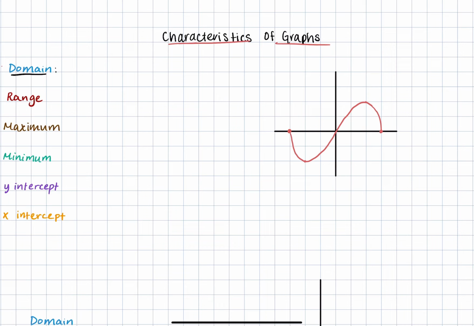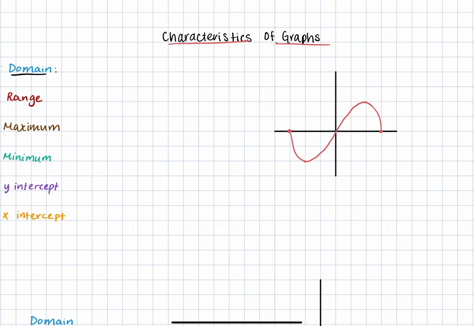Your domain is really the set of x values that cover your function. We have the x values on this line right here, so these are all your x values.